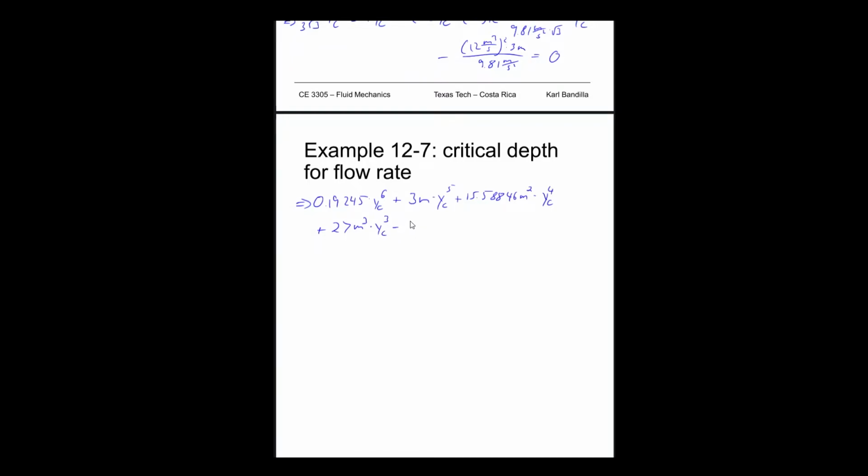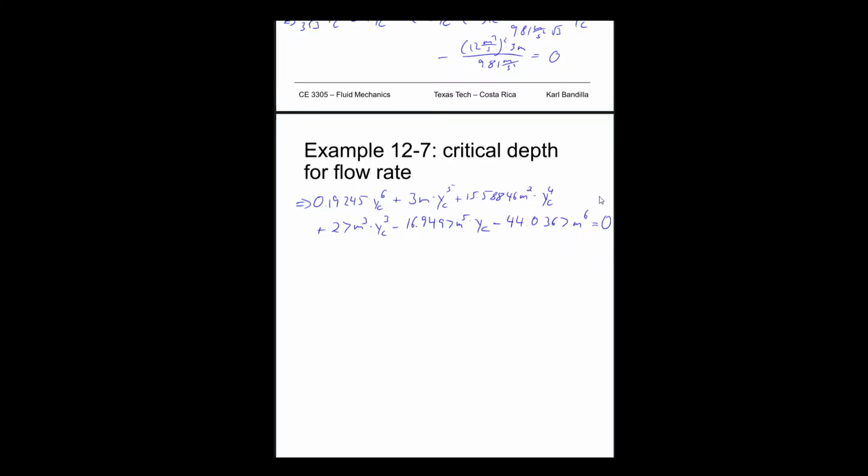Again, we don't have the square term, so then we get the linear term, 16.9497 meters to the fifth times yc, and then minus our constant, 44.0367 meters to the sixth. And all that, of course, has to be equal to 0.